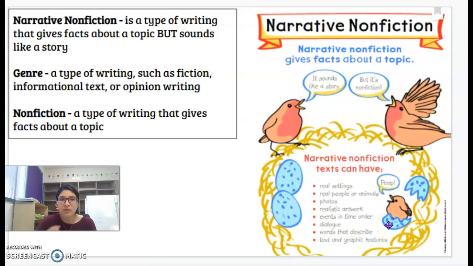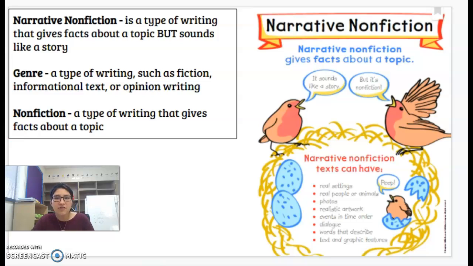So in I Am Amelia Earhart, she has conversations with different characters throughout the story. That's what dialogue is. Words that describe. It describes what kind of person she was, okay? And then it has text features. If we were to continue going through the book, there's a real photograph at the end of the book, which is a text feature, okay?